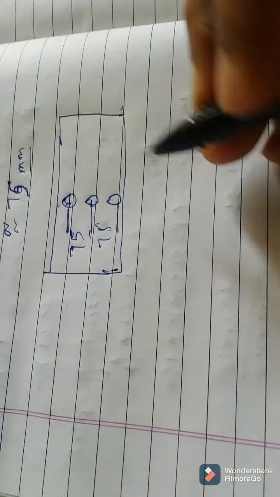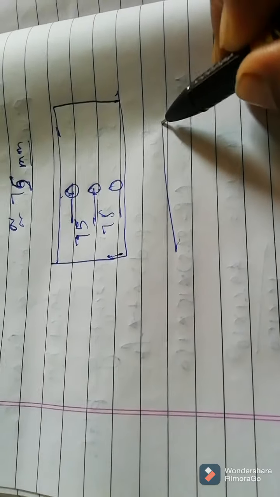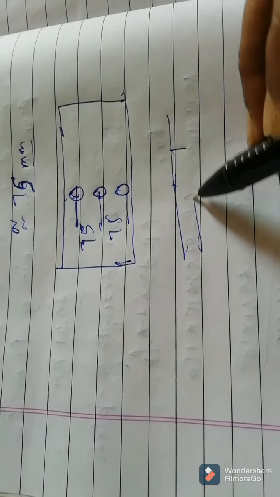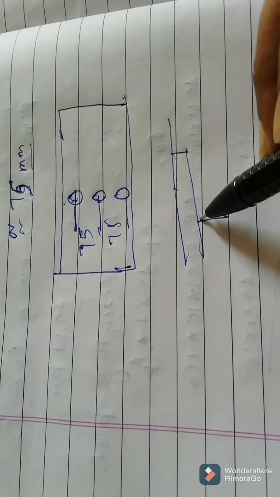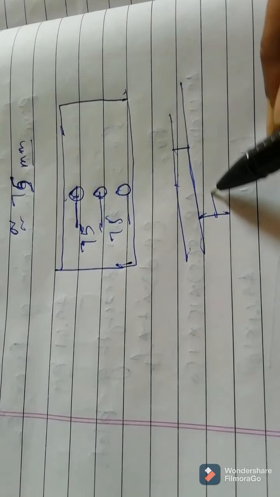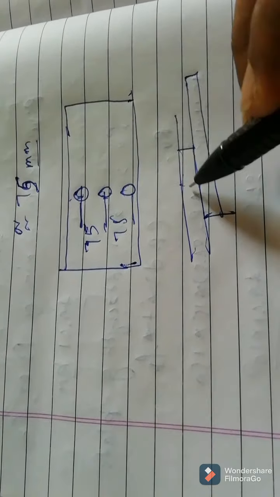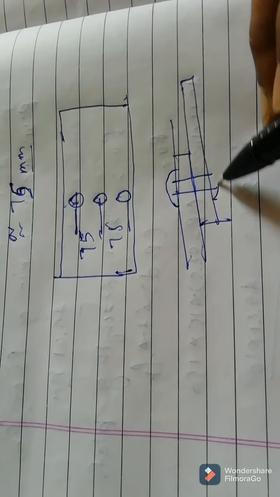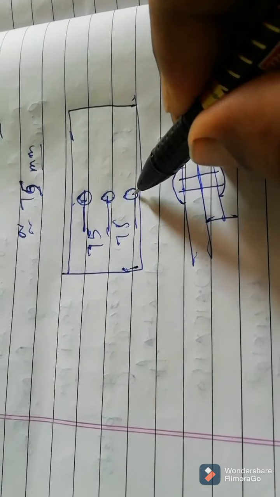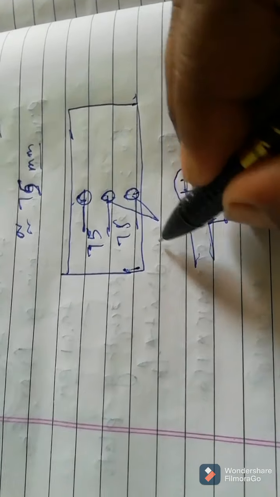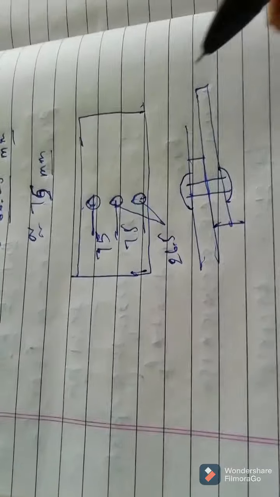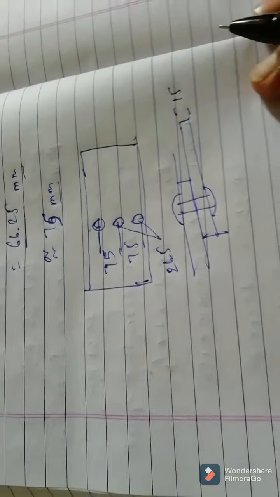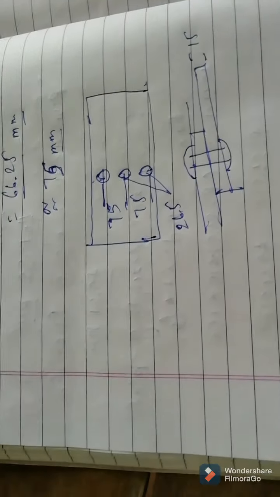So now again draw the figure here. This represents 26.5 and this is your 15. That's it. This is your total design of your rivet.